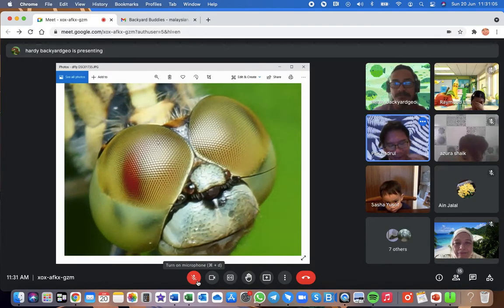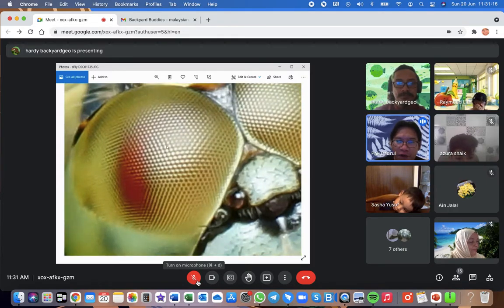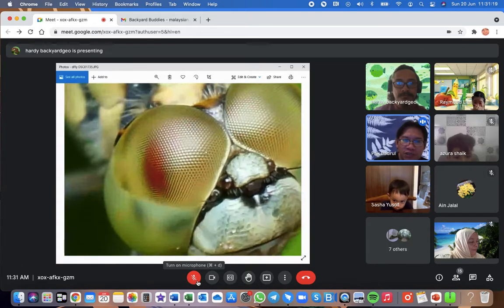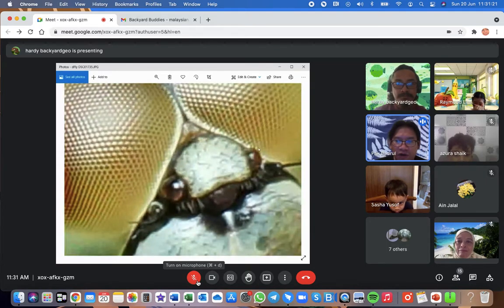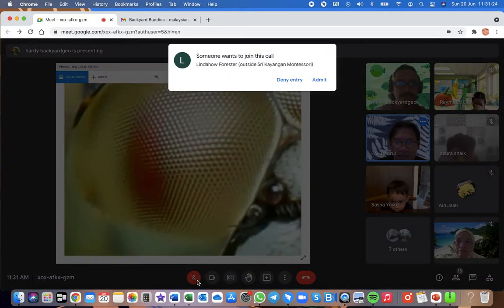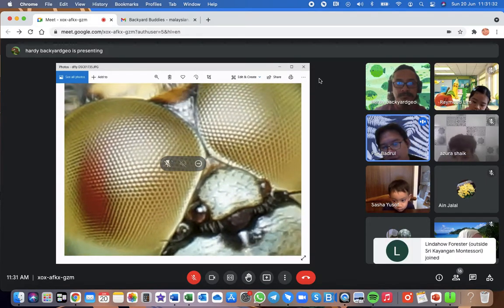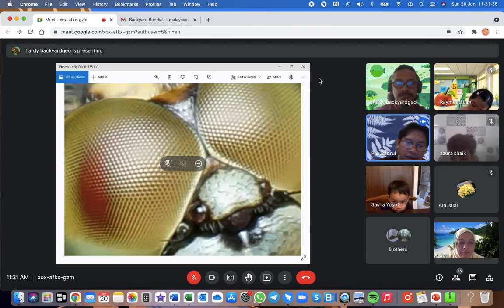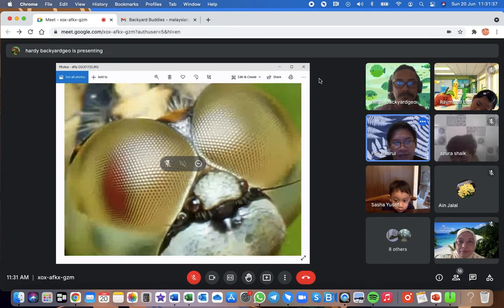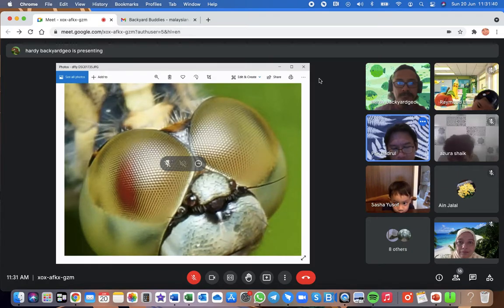But insects have what we call compound eyes, where you see only a pair of eyes, but actually you can see the small dots. There are actually thousands of small lenses. These lenses help the insect to see clearly so that they can easily find food and avoid their enemies. In a dragonfly there are at least 30,000 small lenses.